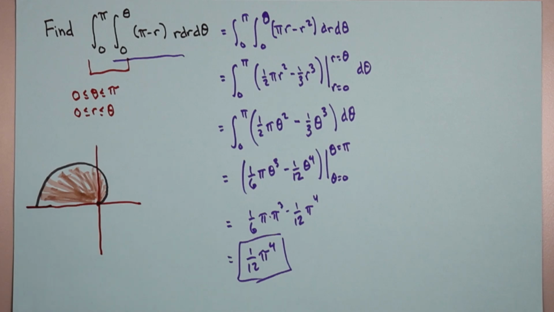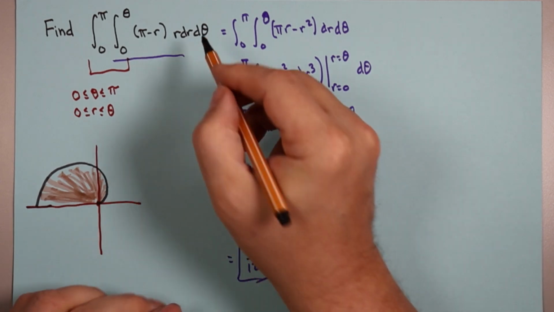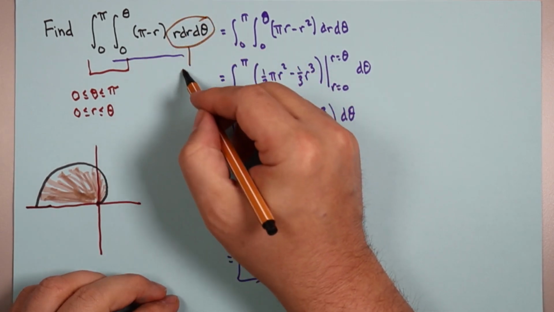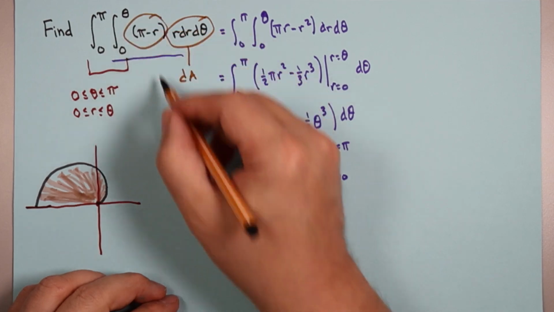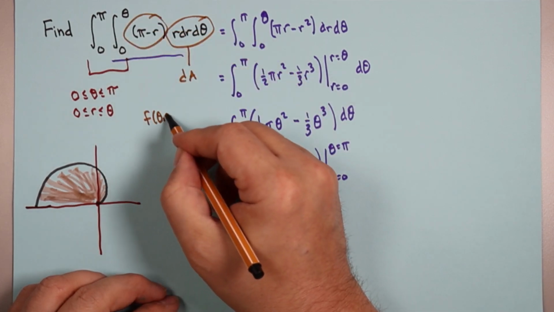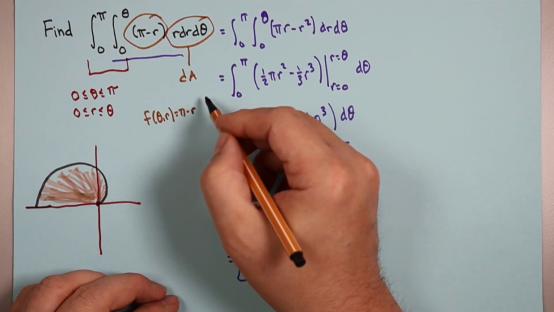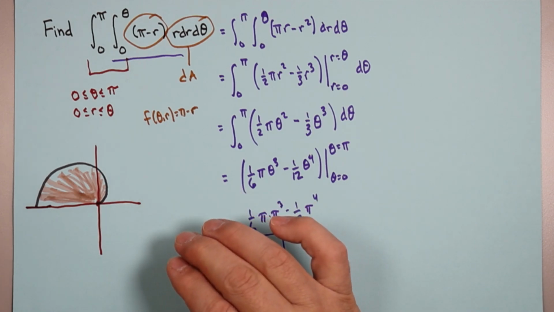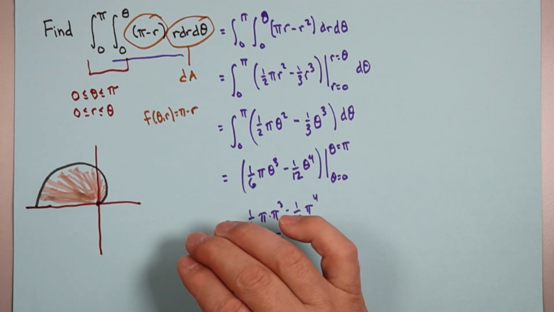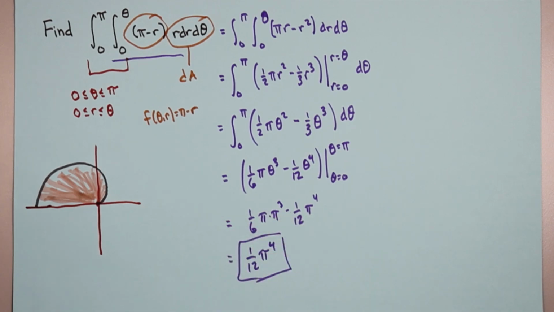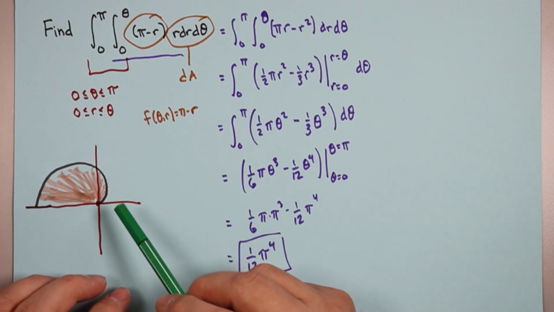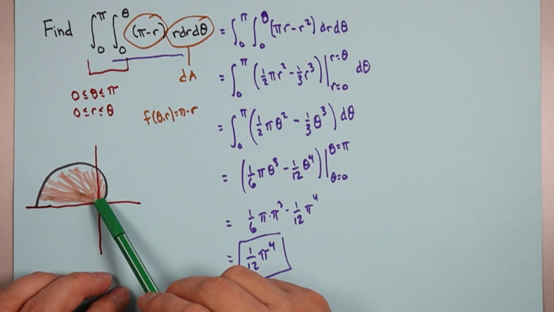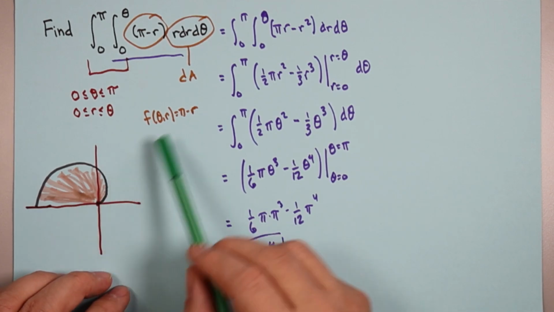We also can spot a couple of other things. We have this r dr d theta. This is our dA, which means that our function of theta and r is pi minus r. Now, you might say, okay, well, what is that telling us? Well, it depends on interpretation, but a nice classical interpretation is to think about it in terms of density. And what's happening? Well, it says that at the origin, r equals 0, it's very dense because you have pi.